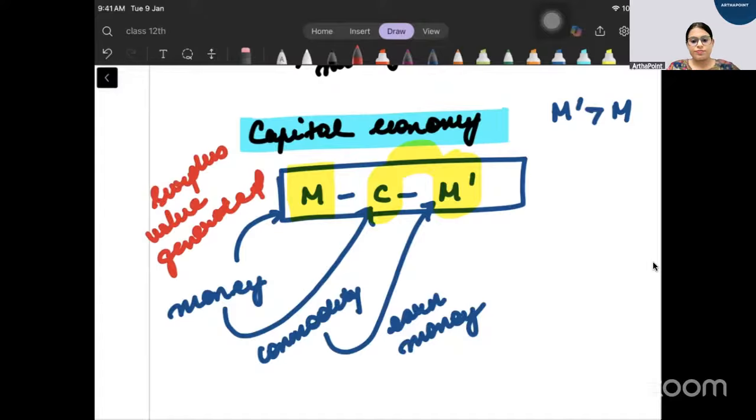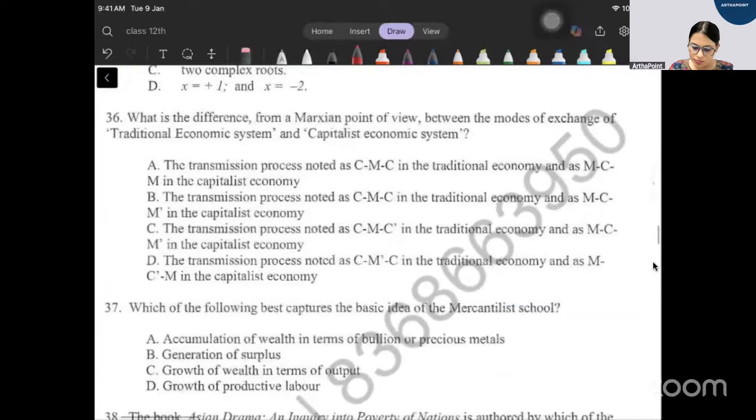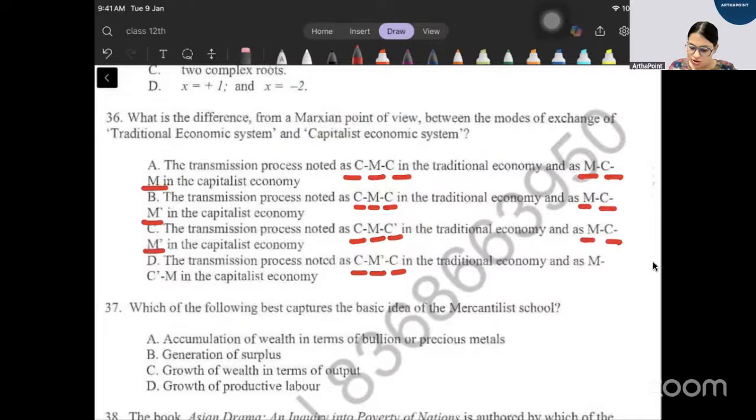ठीक है. ओके. So now come back to the options. Transmission process: CMC, CMC, CMC dash, CM dash C, and capitalist is MCM, MCM dash, MCM dash, MC dash M. ठीक है. So the correct answer out of this is option number B. Traditional में he just said CMC.